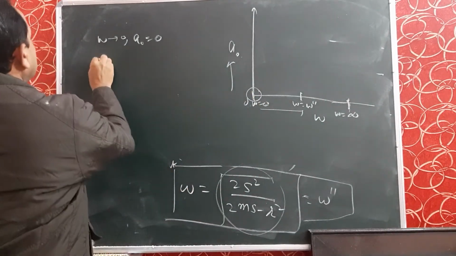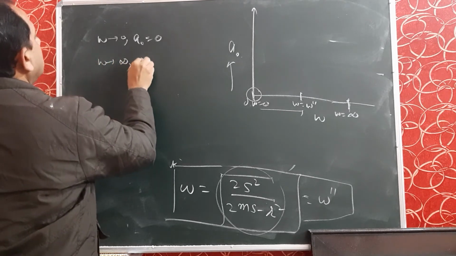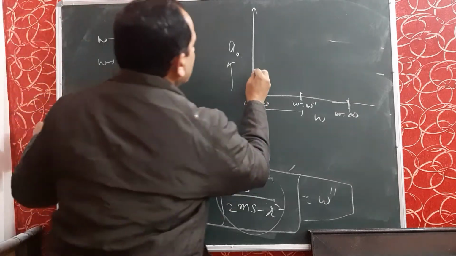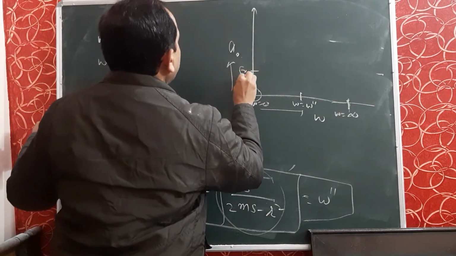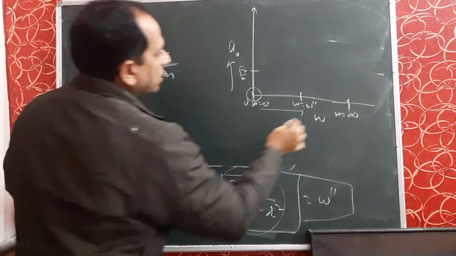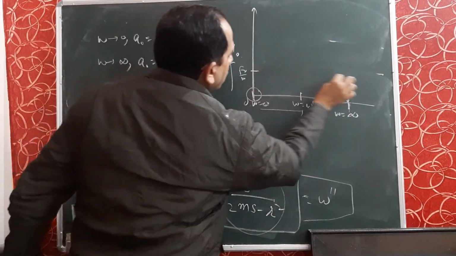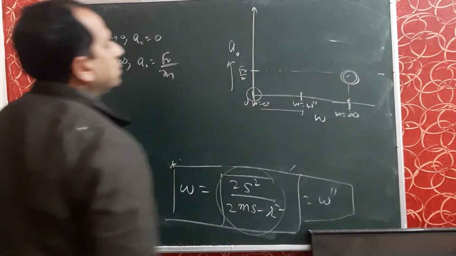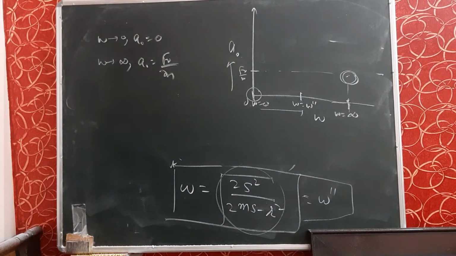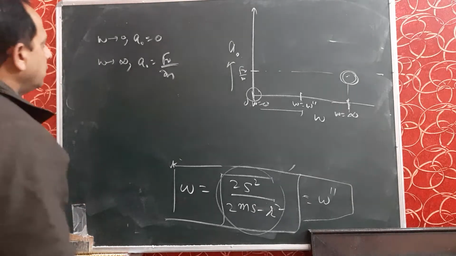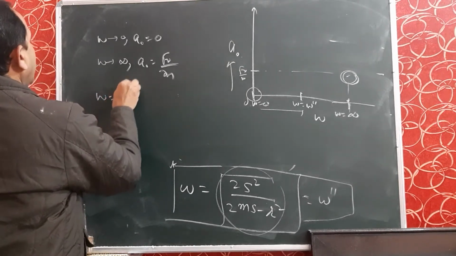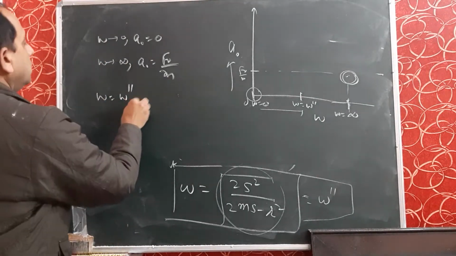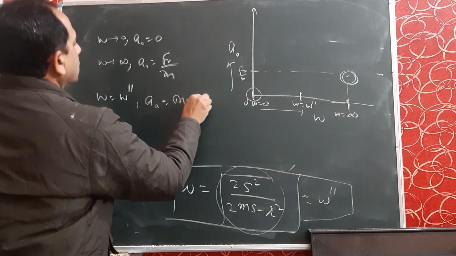In the second case, when omega tends to infinity, acceleration is f naught by m, which is a finite value. So this point is omega infinity and acceleration f naught by m. And third, when omega is omega double dash, the frequency at resonance, then a naught is maximum.